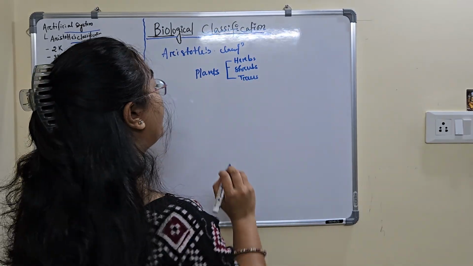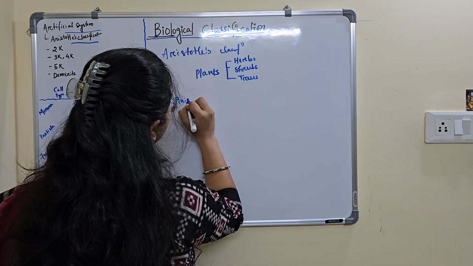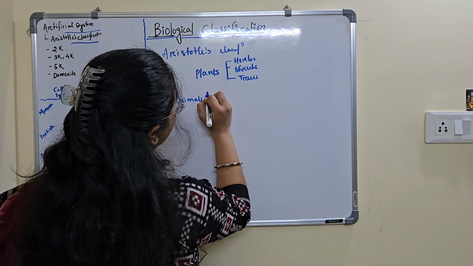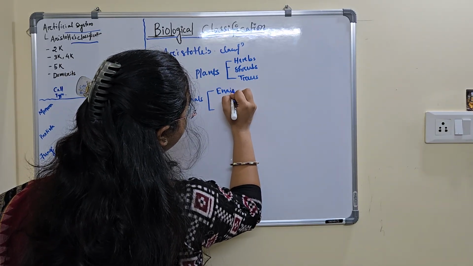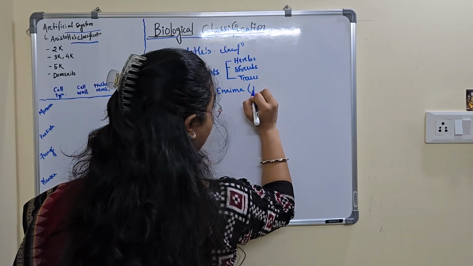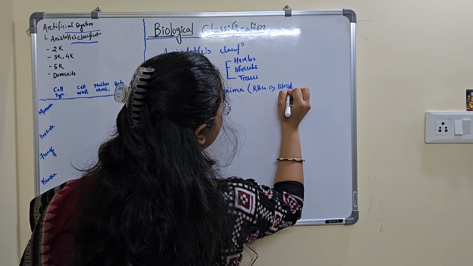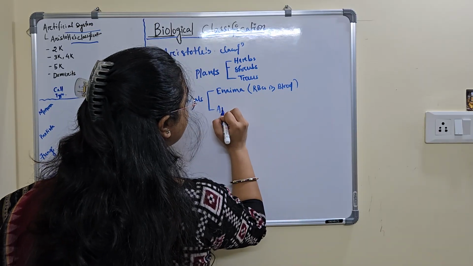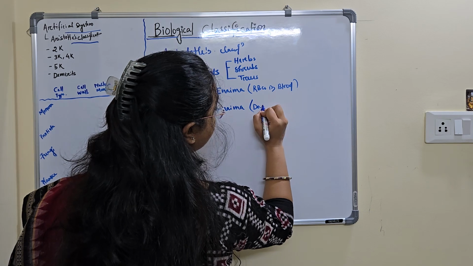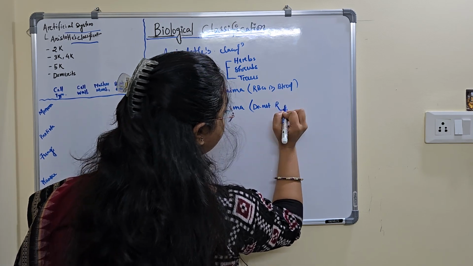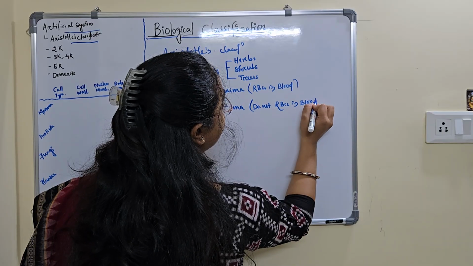You all know that. Also he classified all the animals into two groups, that is Enaima, those who have RBCs in blood, and Anaima, that means they do not have RBCs in blood.